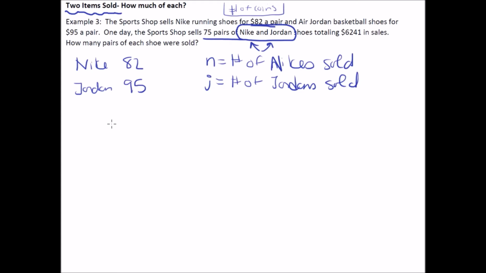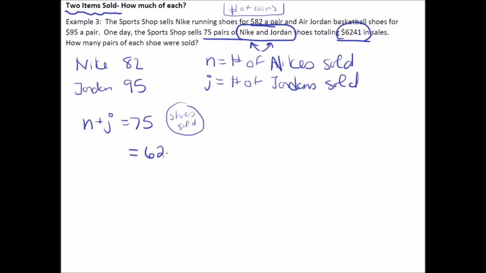So let's write one full equation based on the number of shoes sold. So N plus J equals 75. And then this is going to be shoes sold, if you want to make a little note. Now, the sales totaled 6241. So the next equation, we have to write an equation.